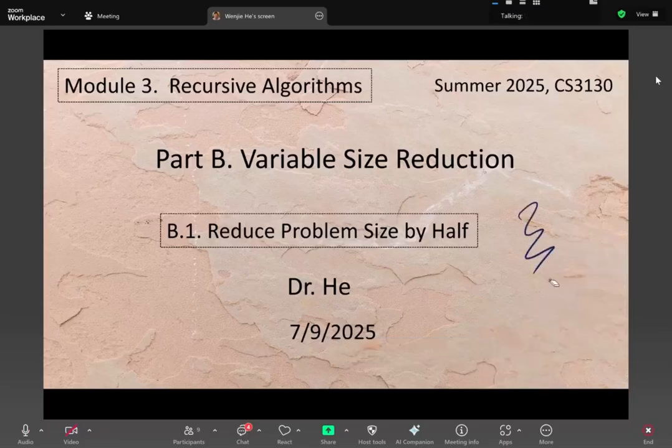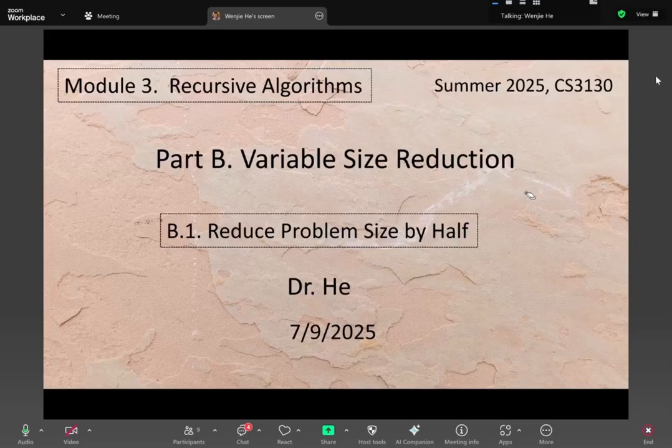The topic, variable size reduction. In part A, we learned one size reduction, reduce size by 1. But this part will allow us to reduce more size numbers.